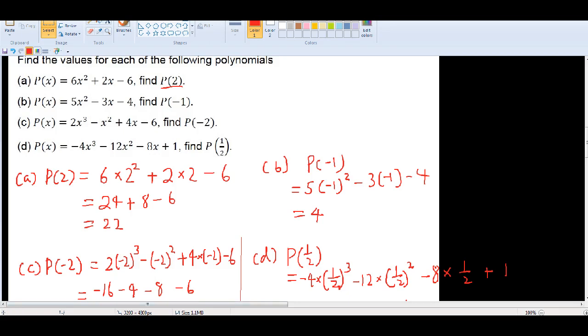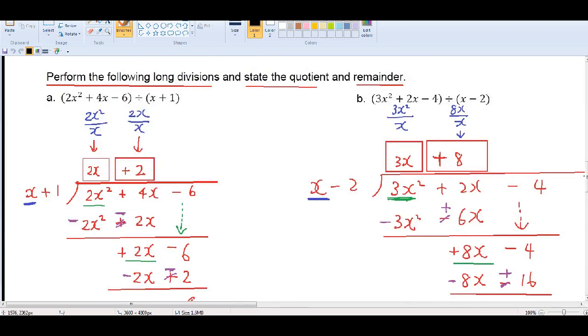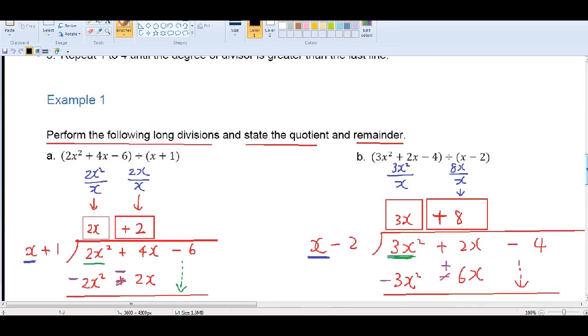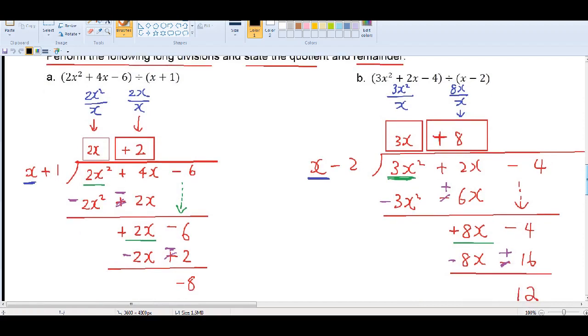Actually that question is the same as the one we've done before. Still remember this is our quick notes for our long division. So you see the same question.